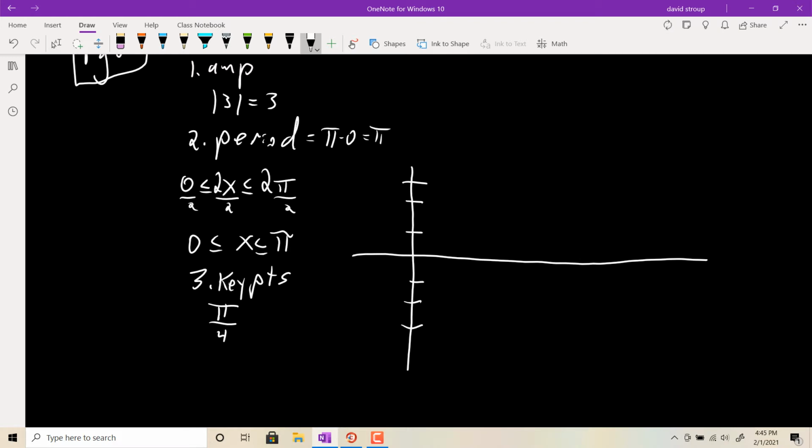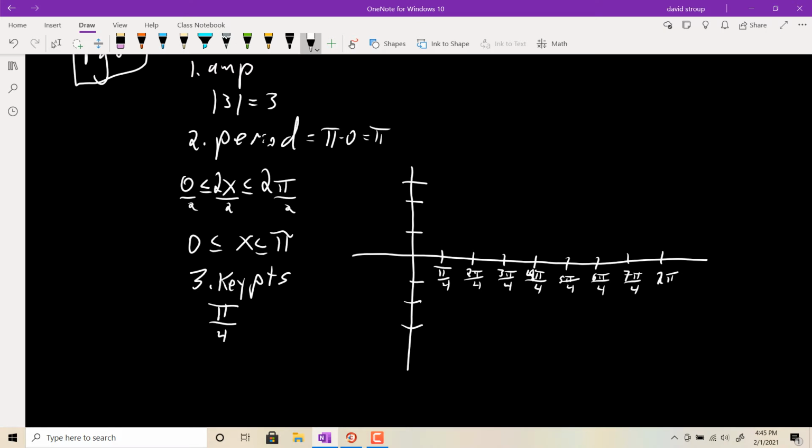Start at 0, go by pi over 4s: 1 pi over 4, 2 pi over 4, 3 pi over 4, 4 pi over 4, which is just pi, 5 pi over 4, 6 pi over 4, which is 3 pi over 2, 7 pi over 4, and finally 8 pi over 4, which is the 2 pi we wanted.